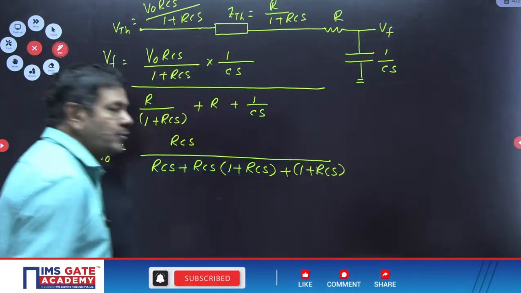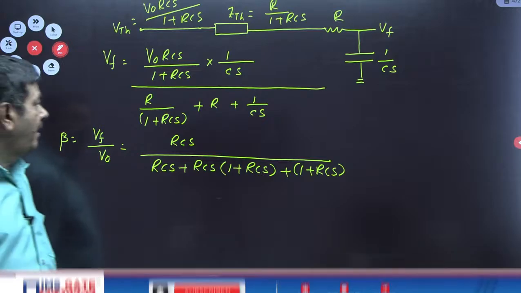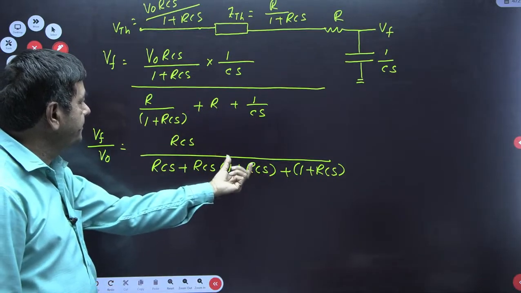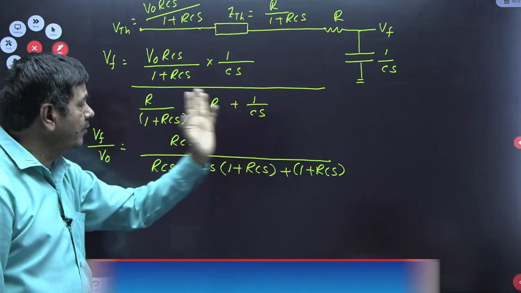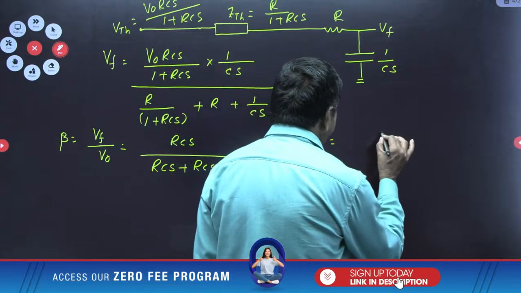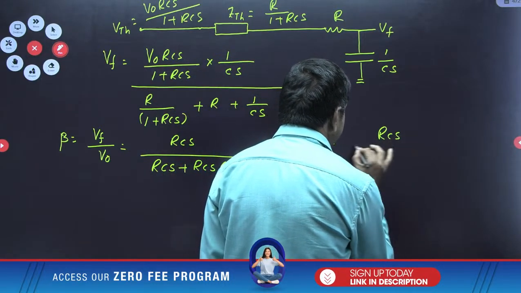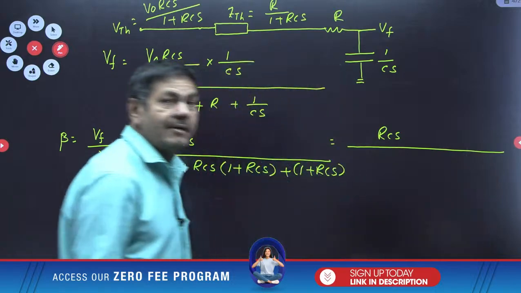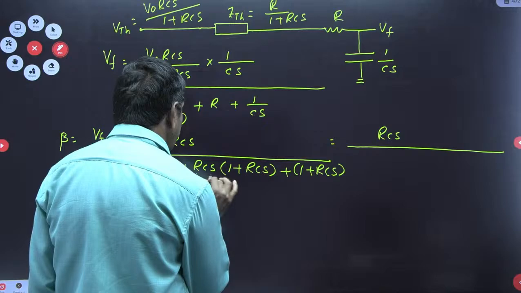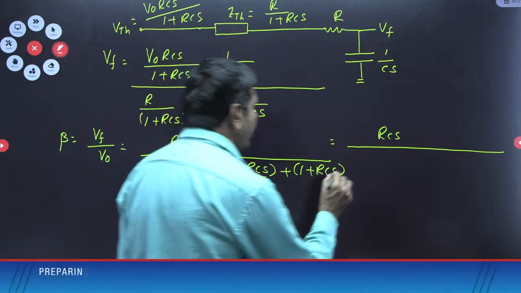The GATE question for 2 marks. RCS into 1 plus RCS, and still we are getting 1 plus RCS. But I can simplify this. What will I get here? This is 1 RCS into RCS whole square.